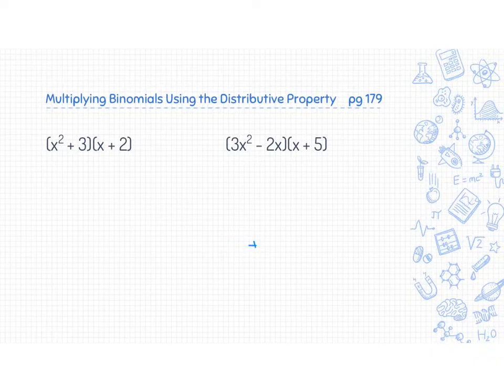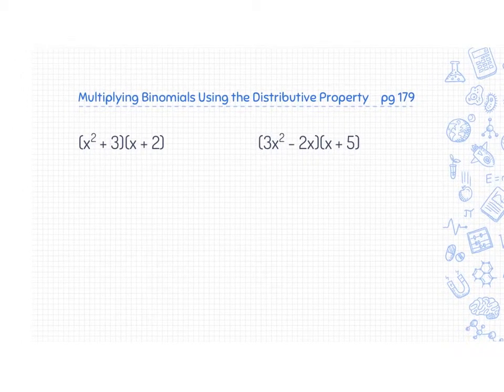All right, let's do a couple more here. So the first one I will do as a box method, because you'll see where there's not like terms on the diagonal on this one. So then I get x squared plus 3, and then x plus 2.